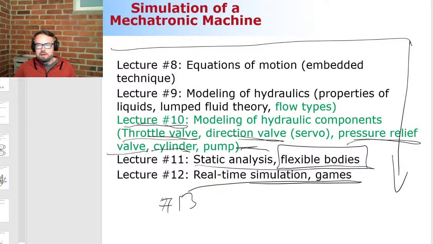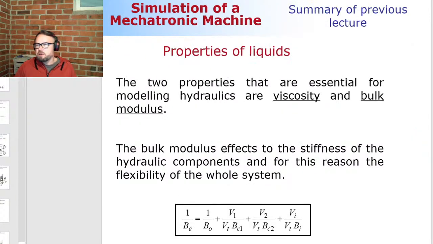Now let's move on. First, a summary of what we discussed last week. Last week we discussed shortly what the fluid properties are. And we concluded that modeling-wise, there are two properties that are important for us: viscosity, which is not that important, and the bulk modulus, which is very important. Why is viscosity not so important?